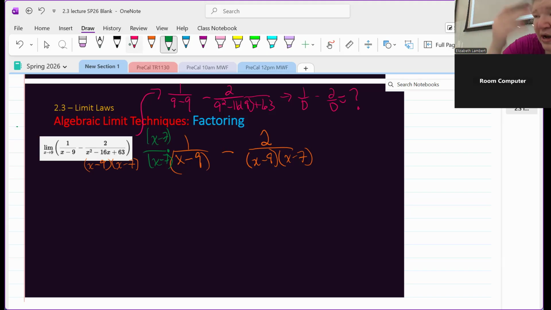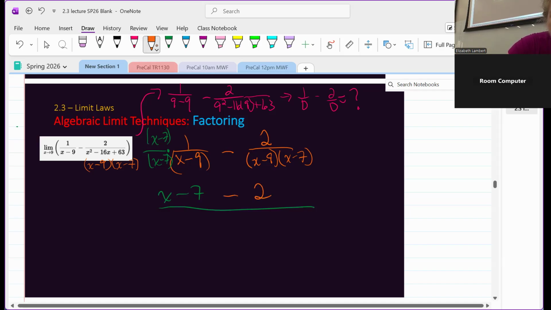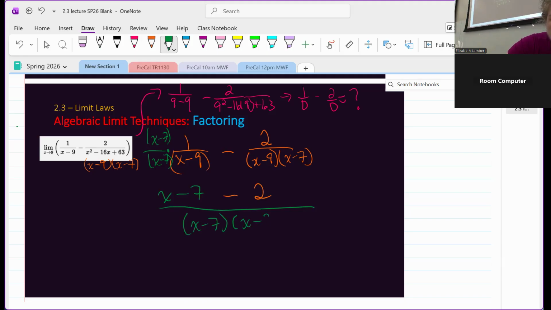If I multiply by 1, the fraction is the same size. So now I have x minus 7 minus 2, and then the whole thing is over x minus 7 and x minus 9.